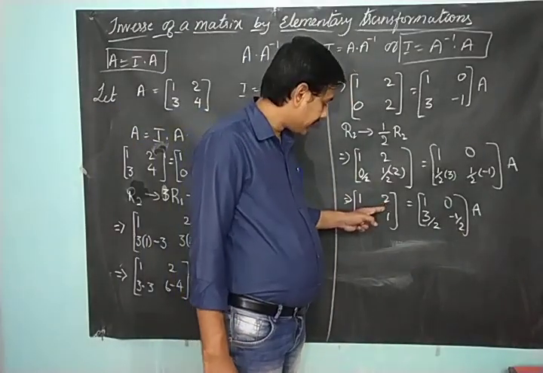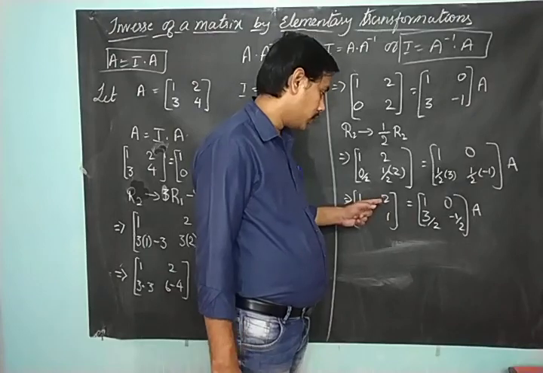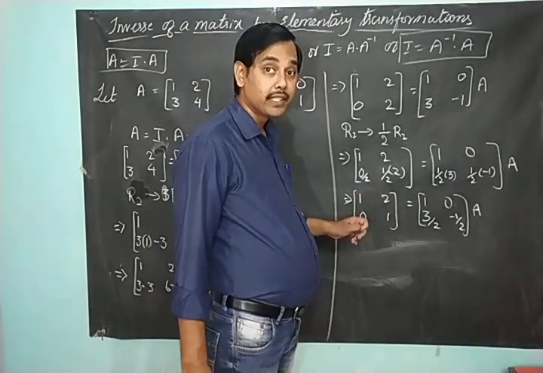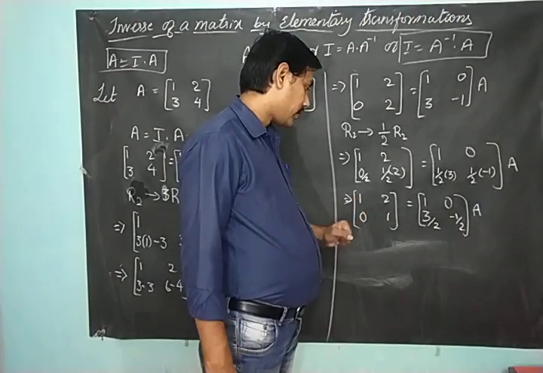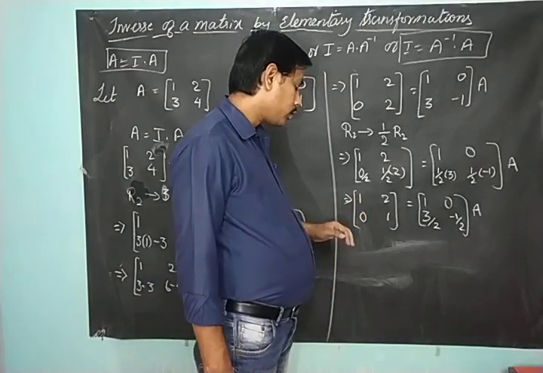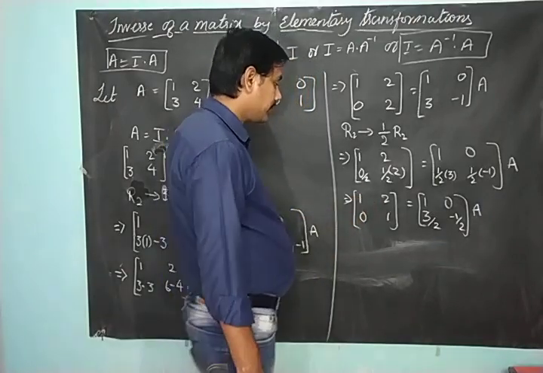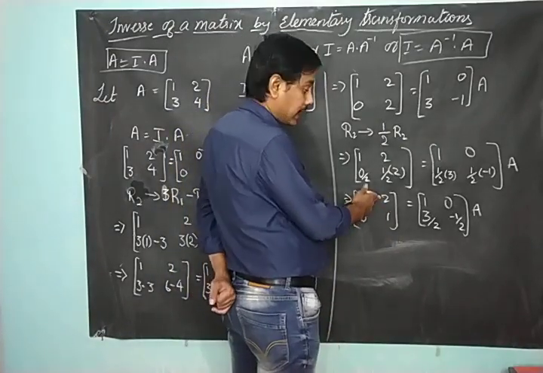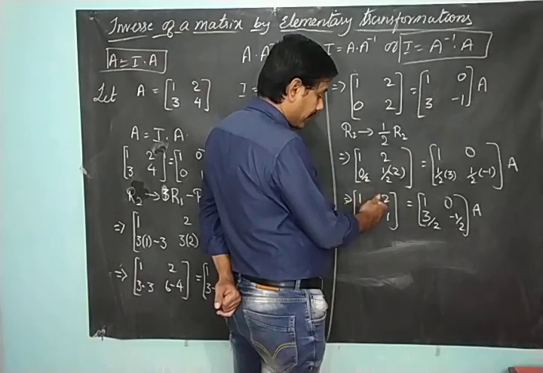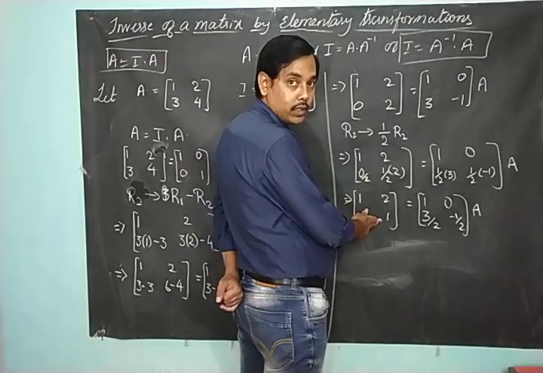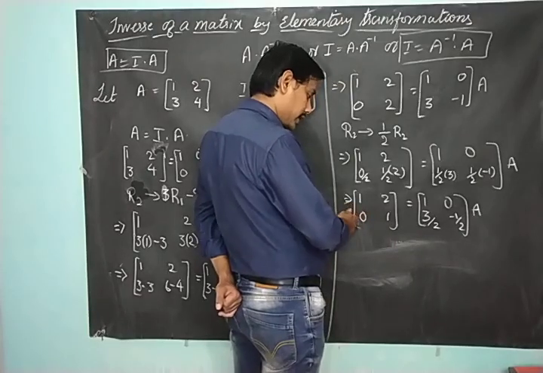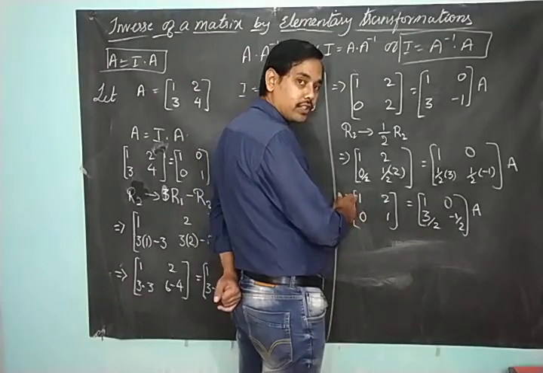What is remaining? Here there should be 0. How is that possible? Subtracting 1 here. Right? So if I subtract 1, how to subtract it by 1? R1 changes to R1 minus R2. So this value will not change, this value also will not change.